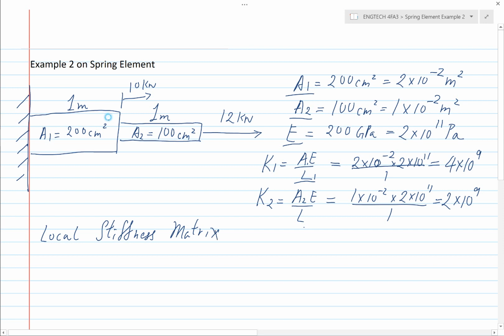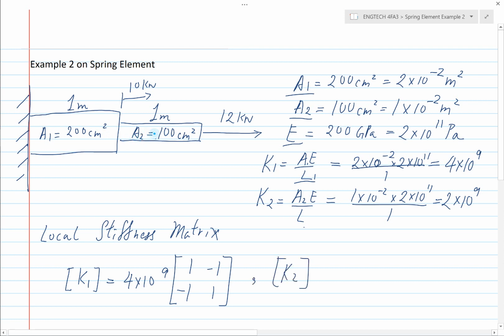Okay, for the spring elements, the constant is the same, and the spring element format is always 1, 1 in the diagonal area, and then the other two entries are -1, -1.